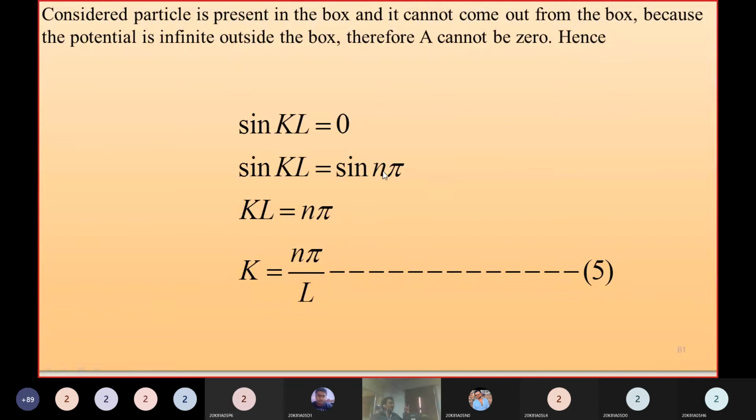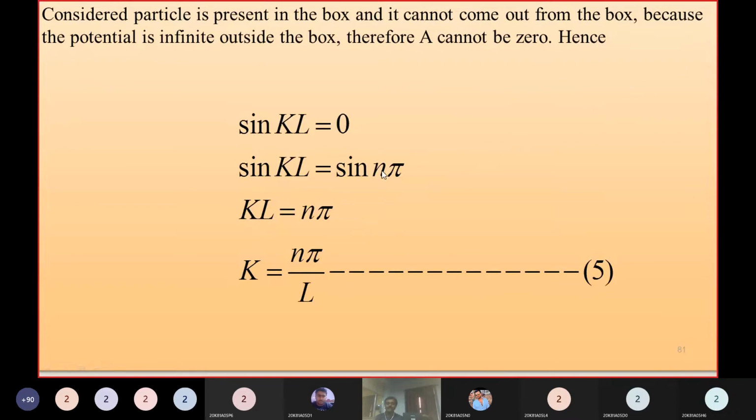Theta equal to 0, 180, 360 degrees: at these values sine theta becomes 0. So sin KL equals sin n pi, where n equals 0, 1, 2, 3, and so on.